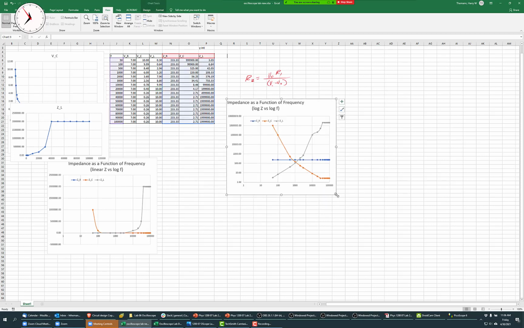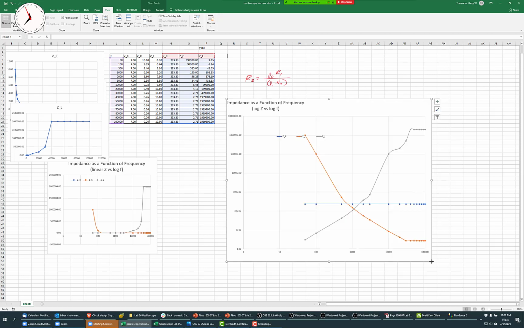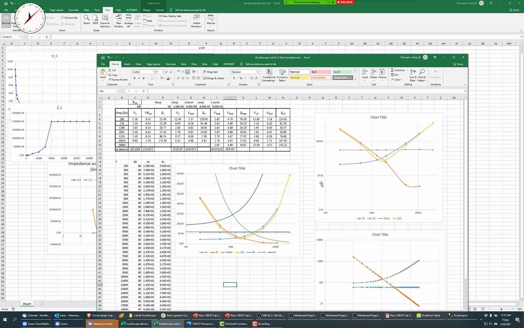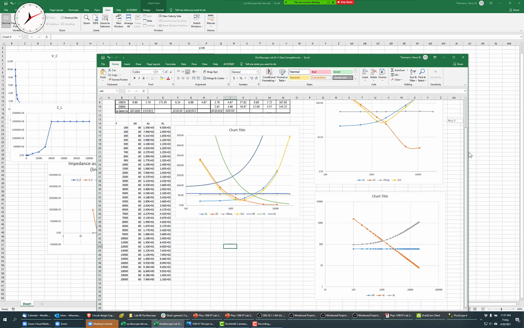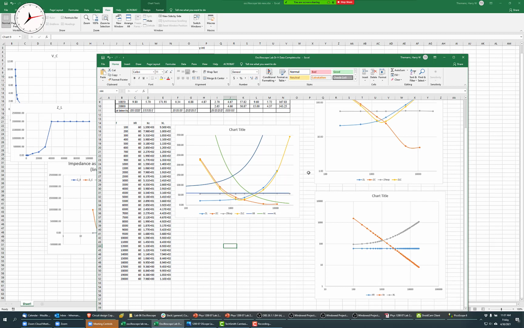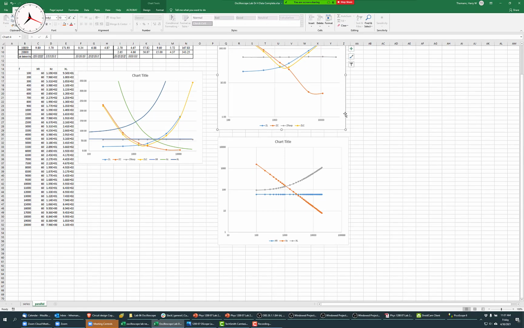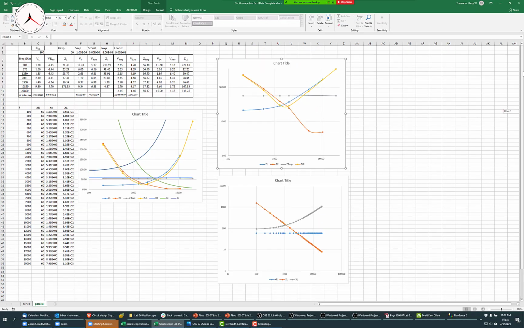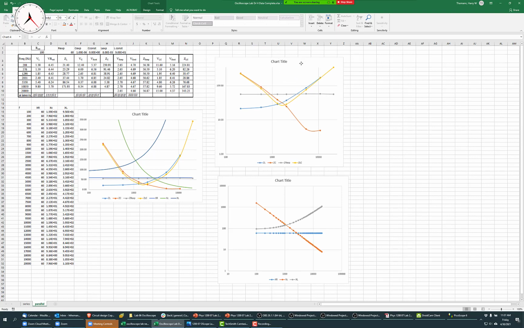So at the end of the day, this is the graph that matters. This is now the log-log plot. And the interesting thing is that in the real world, with real items, so let's see what we have here. This is the data plot up here.